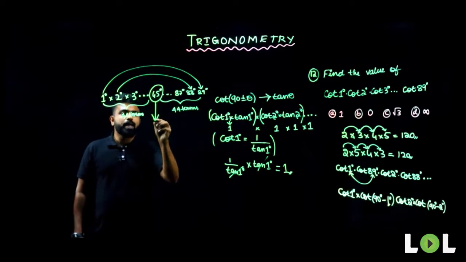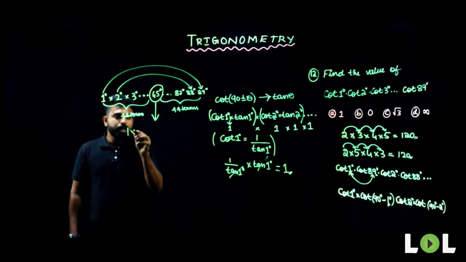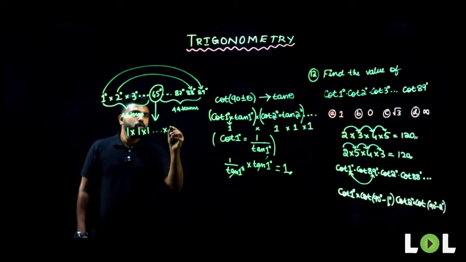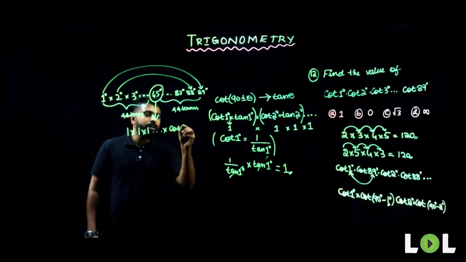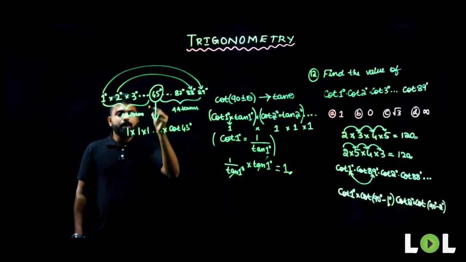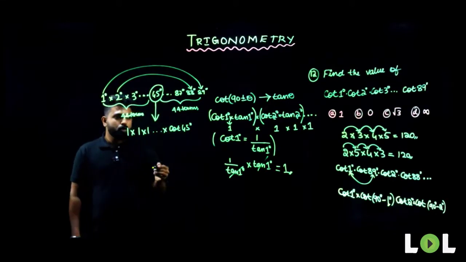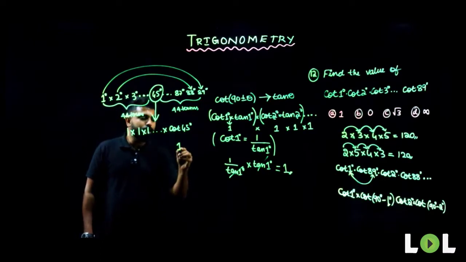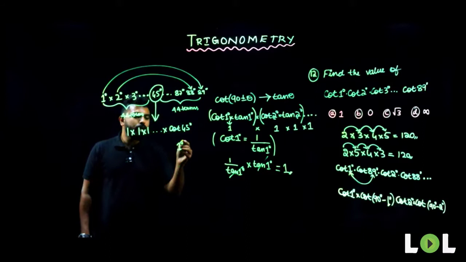It will not form any pair. So, the value will be 1 into 1 into 1 for 44 times into cot of 45 degrees, because this is the middle term and it is not forming any pair. So, what is the value of cot 45? We all know that the value of cot 45 is 1. It's not degree, it is 1.